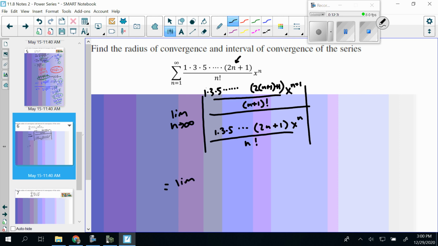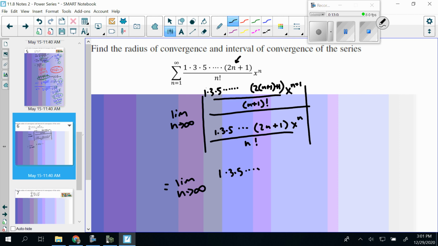So we got the limit as n goes to infinity. All our n stuff doesn't need the absolute value, but we do need to keep it around our x value here. So this is going to be written out as all this stuff, 1 times 3 times 5 all the way up.